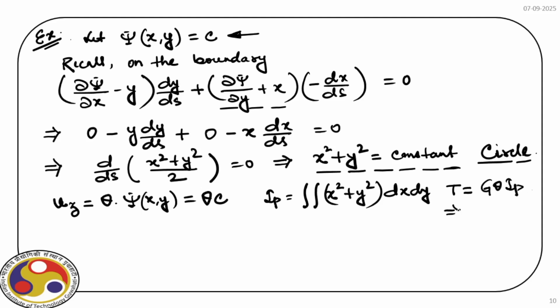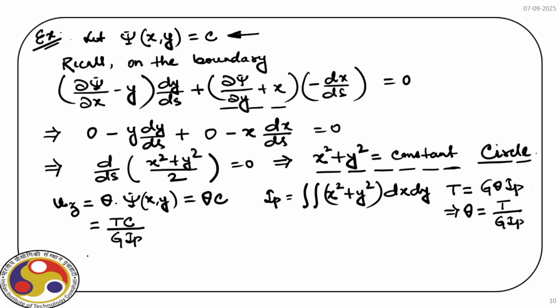From this expression we can find out theta is equal to T by G IP. So what is uz? In place of theta we can write T times the constant c divided by G IP, right?